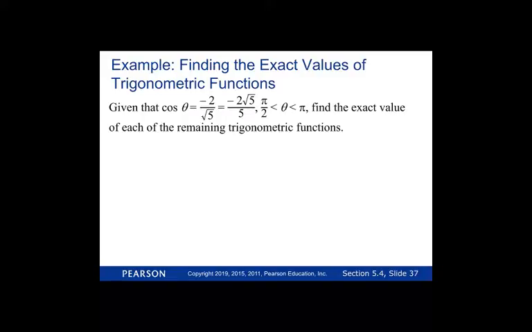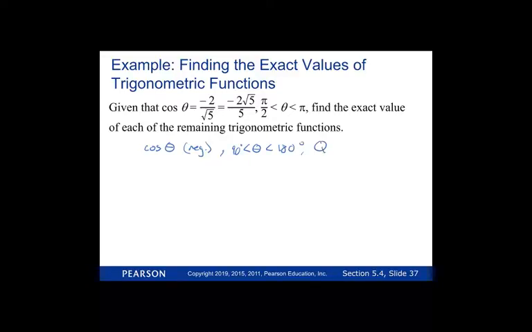So if we're between 90 and 180, what quadrant are we in? We're in quadrant 2, right? So it's saying that cosine of theta is negative, and theta is between 90 and 180, which means we're in quadrant 2.